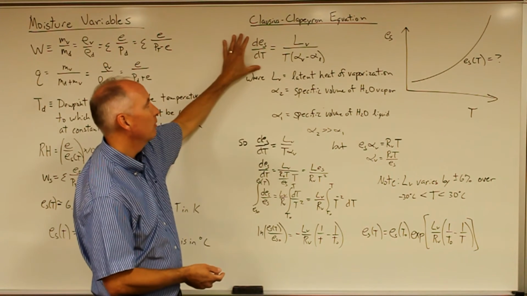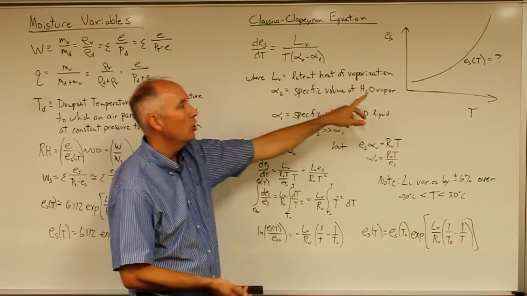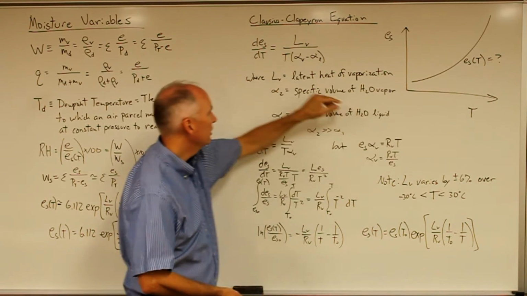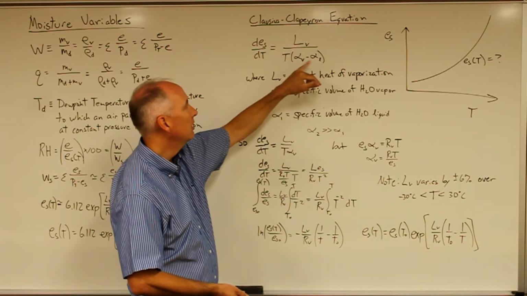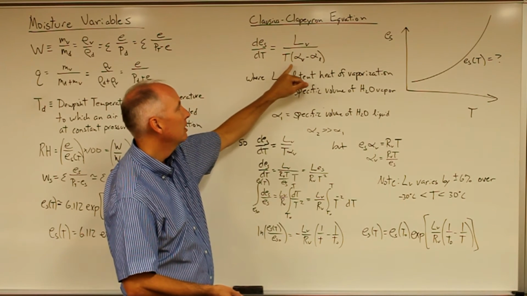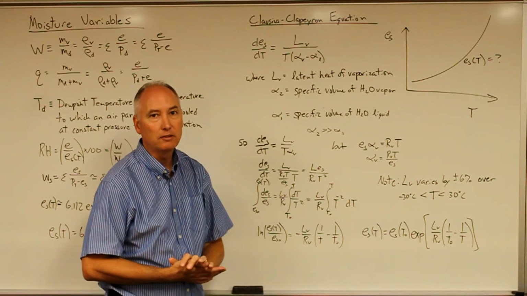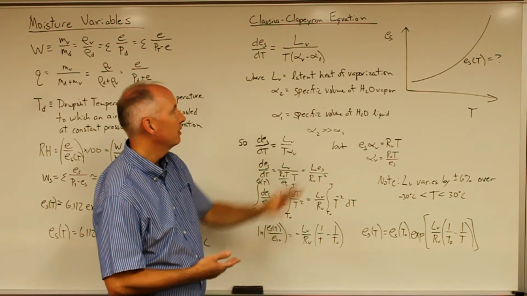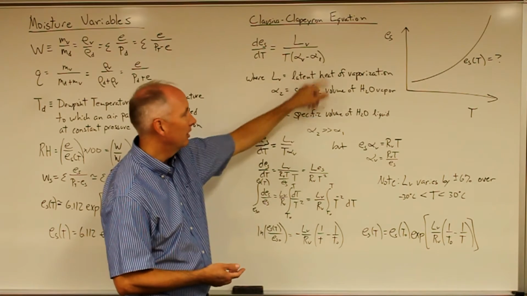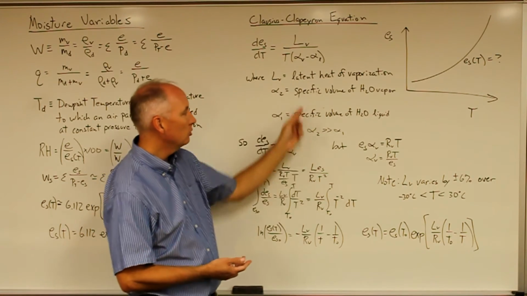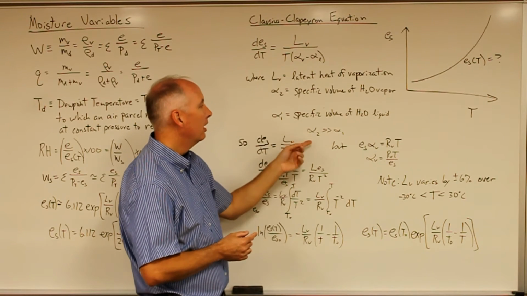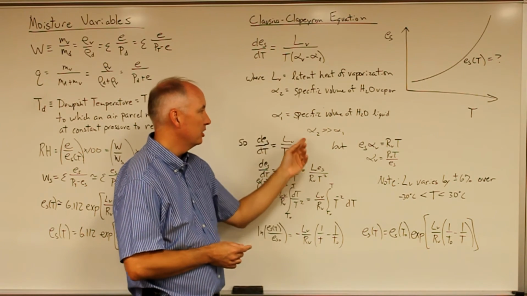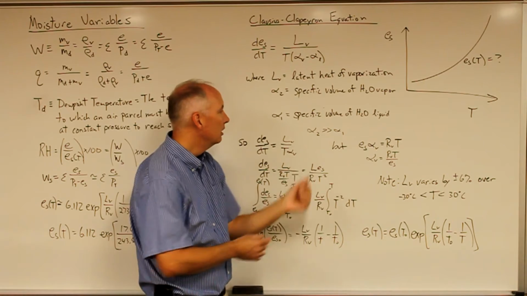It basically says that the slope of this line is equal to the latent heat of vaporization divided by temperature times the difference between the specific volume of the vapor and the specific volume of the liquid. And you'll note that the specific volume of the vapor is much greater for a unit mass than the specific volume of the liquid.